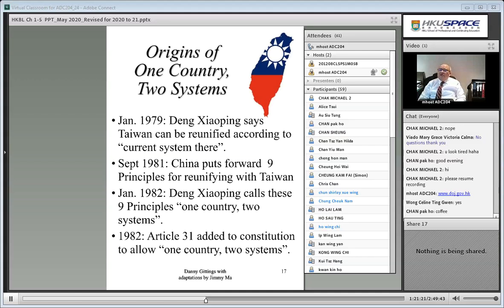So it was at around about that time, and it was said that it was Ye Jianying who proposed that there should be this one country, two systems for recovering Taiwan or reunifying Taiwan. That was mentioned and also spoken of at the National People's Congress level.